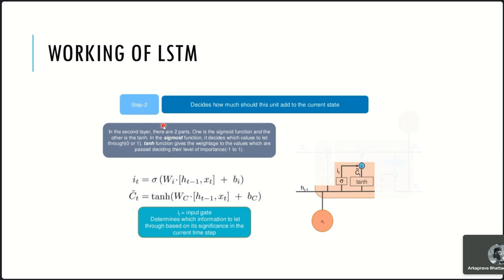One is the sigmoid function and the other is the tanh function. In the sigmoid function, it decides which values to let through, 0 or 1. Tanh function gives weightage to those values which are passed inside the gate. That's the reason why it is called the input gate.